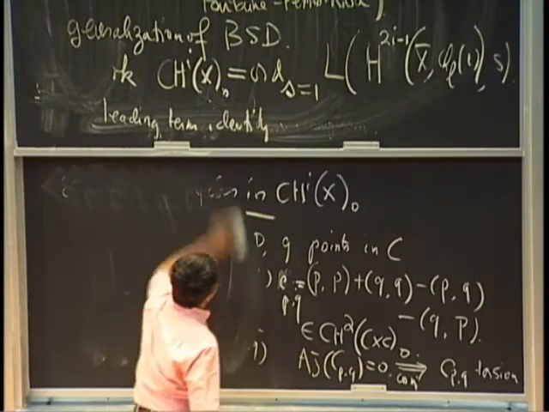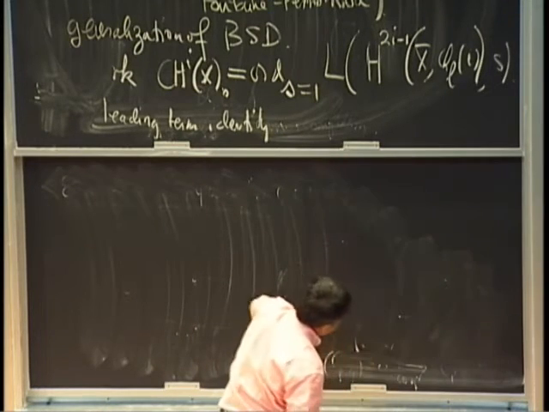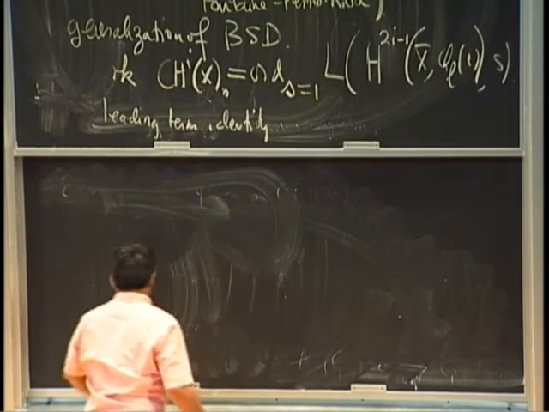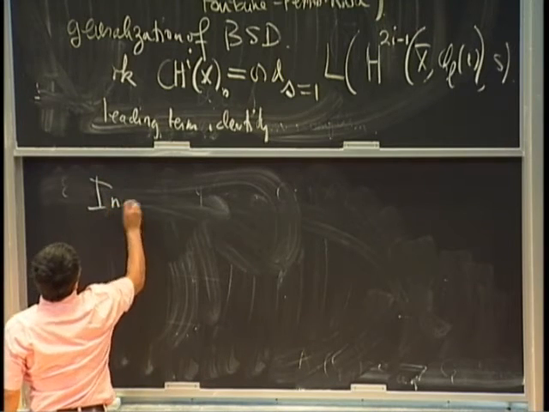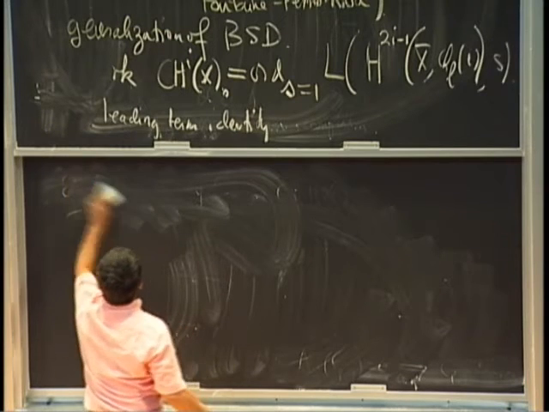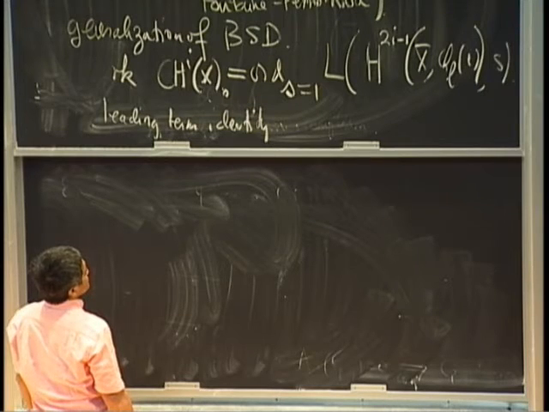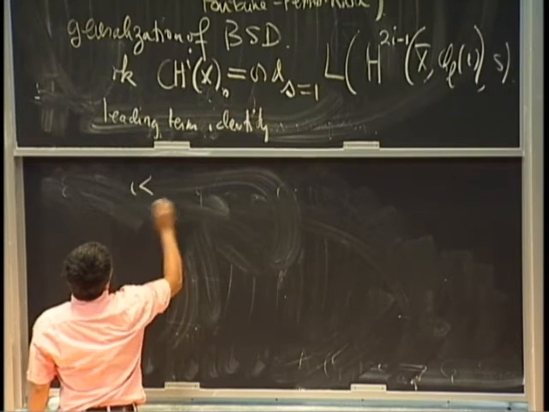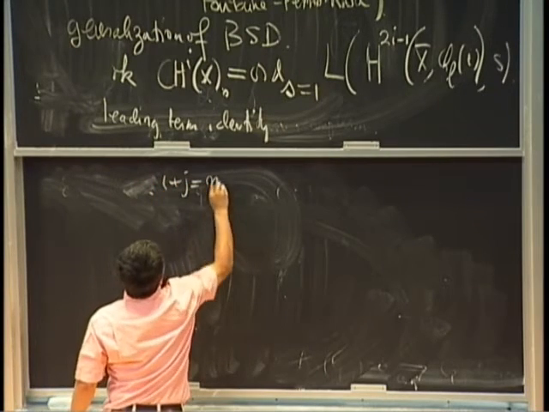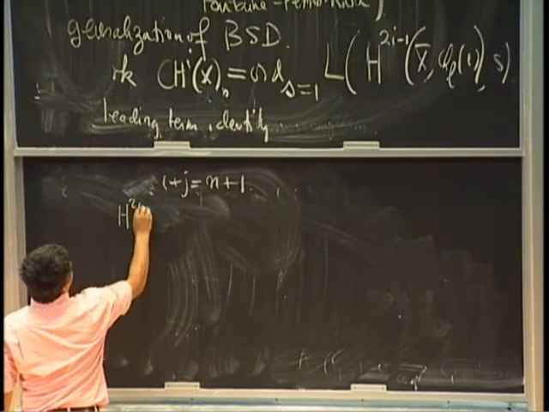In the special case where i plus j equals n plus 1, this thing is basically self-dual.